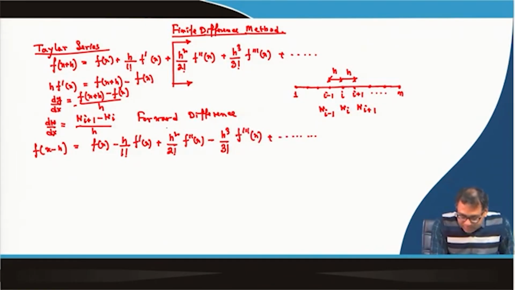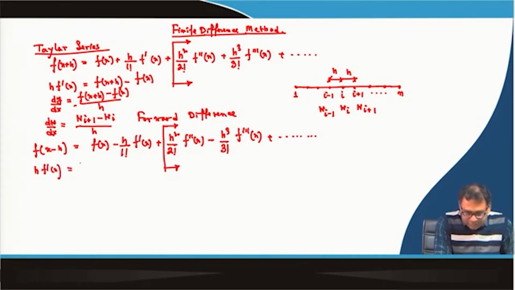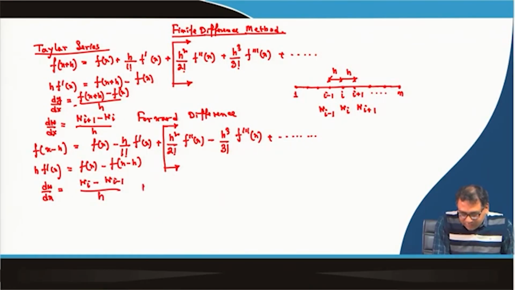Now again if I neglect the h square term, then I can write that h f dash x is equal to f of x minus f of x minus h, or dw by dx will be equal to w i minus w i minus 1 divided by h. So, this is called the backward difference method.